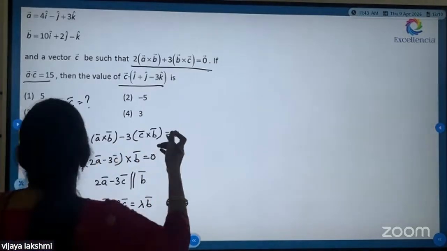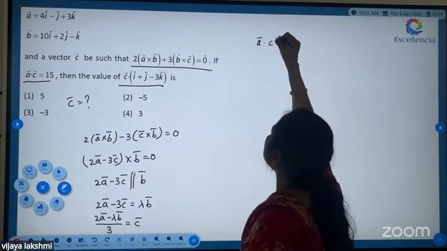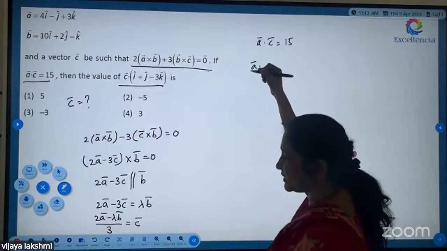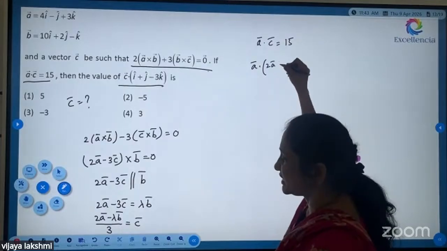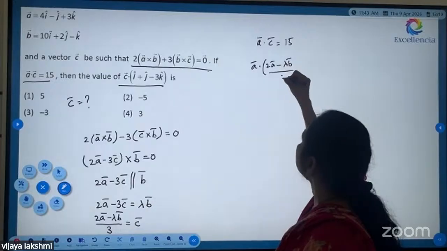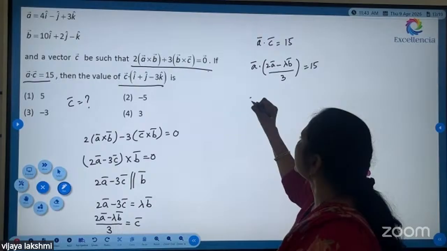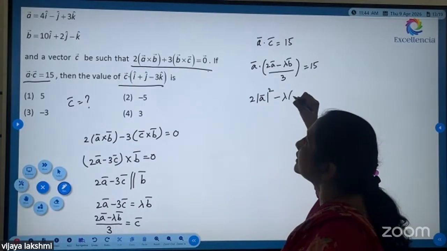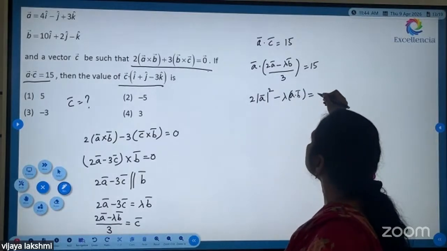Now a bar dot c bar is equal to what is given? 15. Already we know that a bar dot c bar is 15. I'll simplify that. After that, in the place of c bar I'll substitute 2a bar minus lambda b bar by 3 equal to 15. On that side I can write modulus a bar square minus lambda into a bar dot b bar.